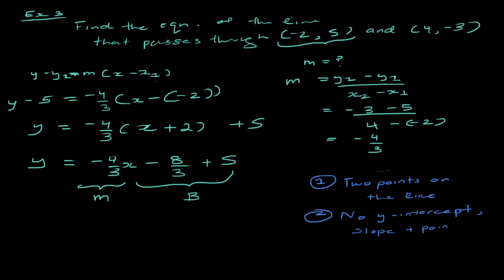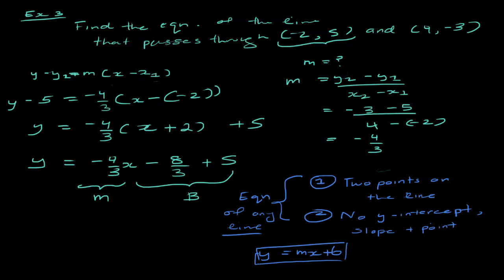Given these two, you can calculate the equation of any line. So this is a more general way of getting it. But generally, you want to simplify it down into the y equals mx plus b form. This is the most readable form and the most generally used convention for writing the equation of a line, which is slope times x plus the y-intercept is what y is equal to.